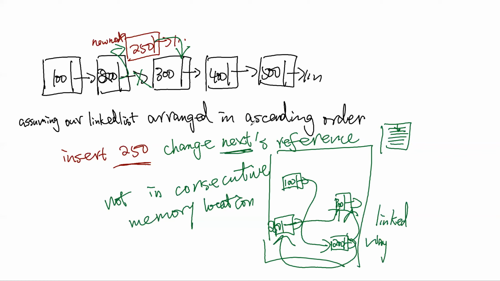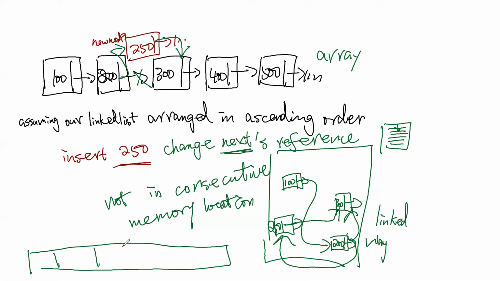But if you think about it, if you want to have an array, 100, 200, 300, 400, 500, and you want to insert, then what do you need to do? You need to shift the items. Suppose your array has plenty of space. Shift them, and then you have 250 maybe here.